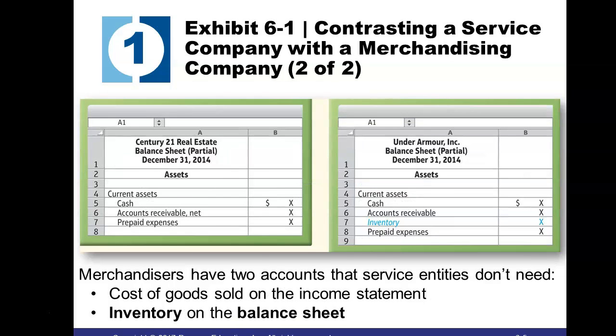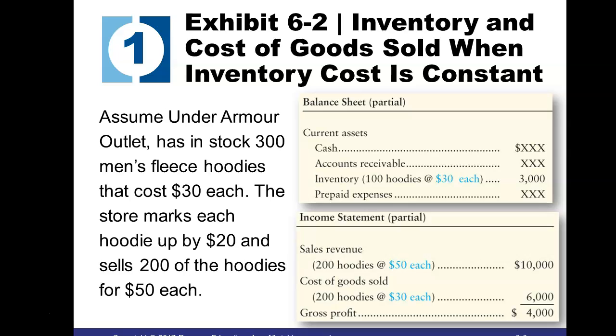So let's continue. If we assume that this company has 300 men's fleece hoodies and they cost $30 each, the store marks them up by $20 and sells only 200 of those hoodies. How do we actually deal with that?